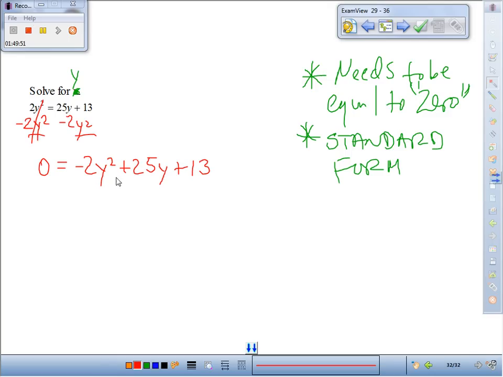Okay, so let's start. Factor. Do we have a GCF? Yes. Leading coefficient is a negative, so my GCF is negative 1. Don't forget about that. If the leading coefficient has a negative and there's no number that divides, then therefore it's negative 1. What do we have left? 2y squared minus 25y minus 13.